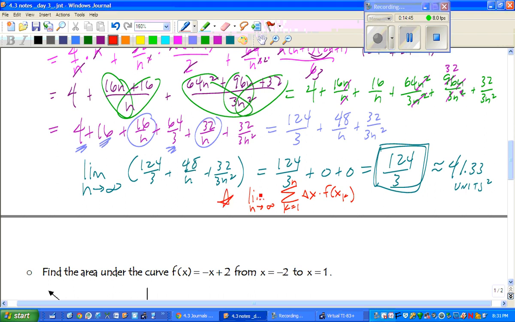All right, so this is our formula to find the exact area under the curve. And we're going to make some connections. I've been promising you that we'll make some connections between this and integrals in the next few days.